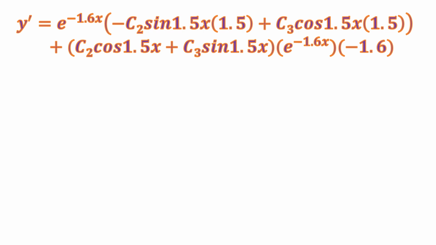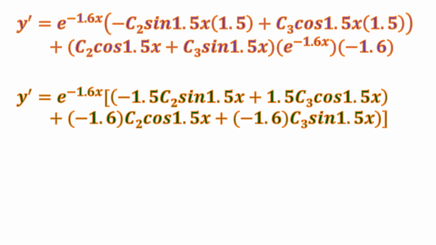So we factor out e negative 1.6x, and also the 1.5 inside the parenthesis, we put it at the side of each constant so that it will not be mistakenly multiplied to the angle of the sine and cosine.